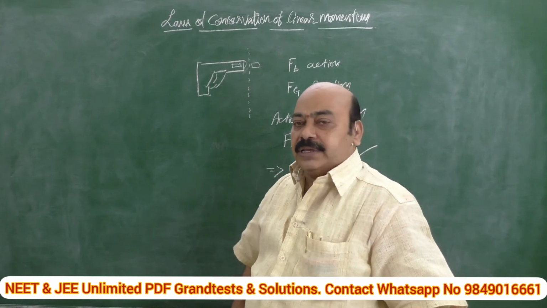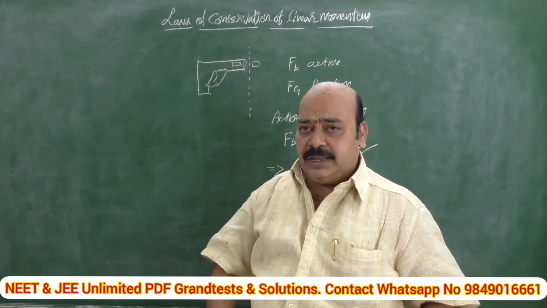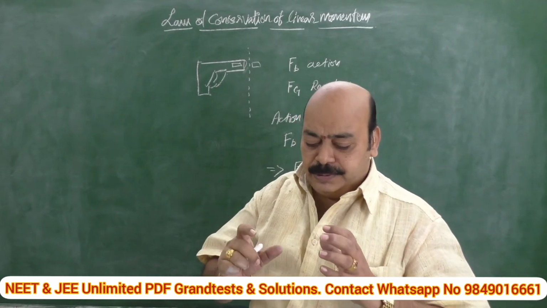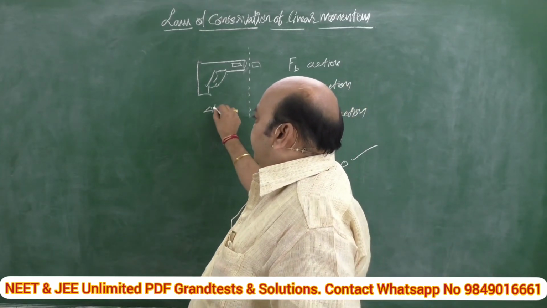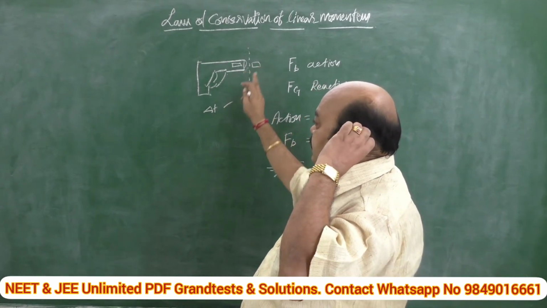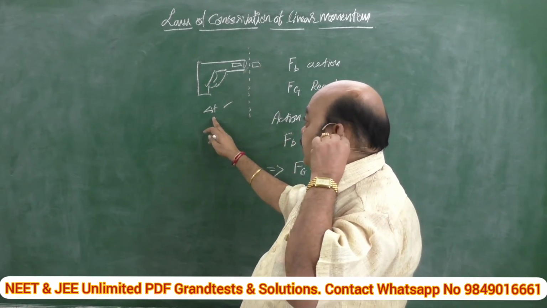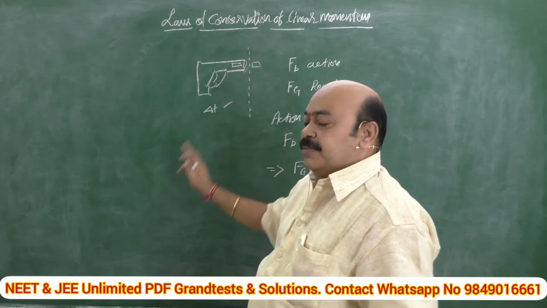And one more important thing is, the force exerted on the bullet and the gun act during the same time. Let delta t be the time in both the cases. That means this force is acting on the bullet for a time delta t, and the bullet exerts force on the gun for the same time.